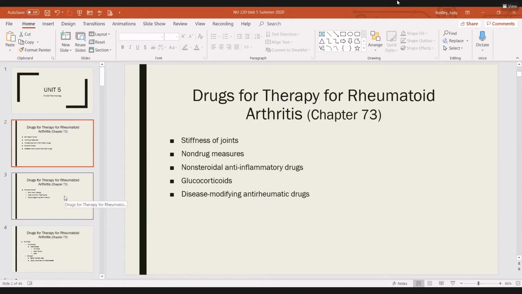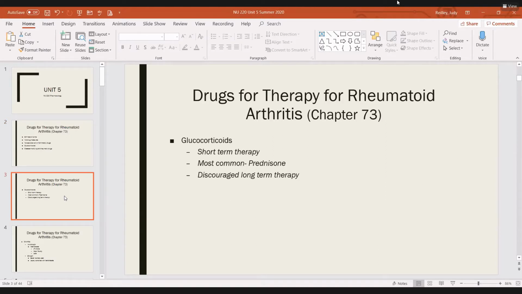When we look at the corticoids, remember, they are used for short-term use, okay? Long-term use can result in patients having problems with osteoporosis, gastric ulcers, and adrenal suppression. So we want to make sure that patients understand that prednisone is used for short-term only.